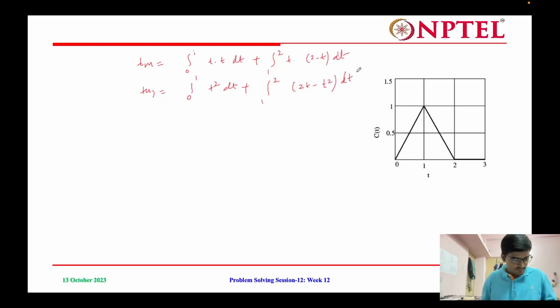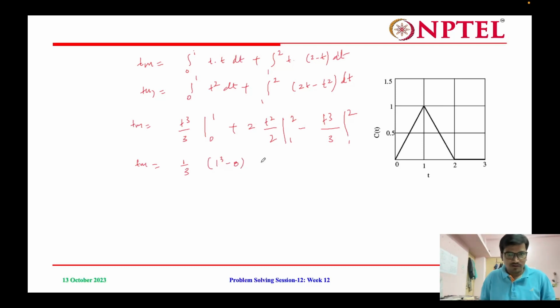So tm equals t cube by 3 with limits 0 to 1, plus 2 t square by 2 minus t cube by 3 with limits 1 to 2. Putting in the values: 1 by 3 plus (2 square minus 1 square) minus 1 by 3 times (2 cube minus 1 cube).